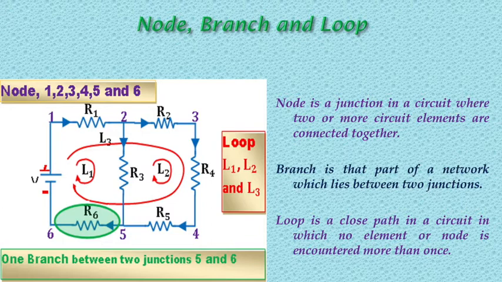Here the circuit elements are connected at 1, 2, 3, 4, 5 and 6. As per the definition, these points are called nodes.